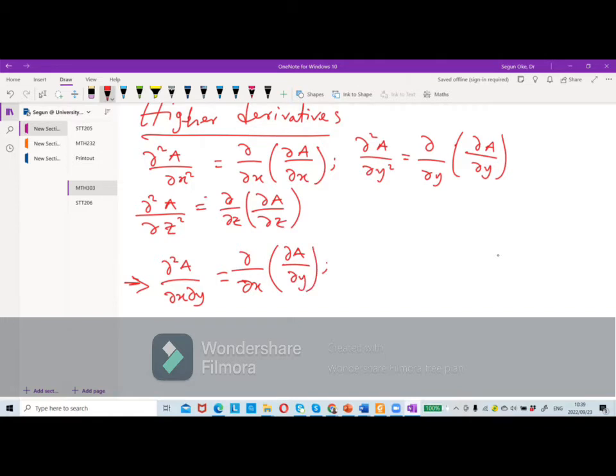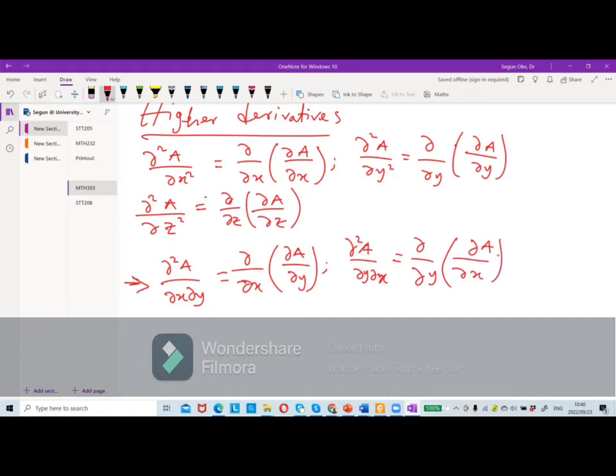So the same thing happens here, d squared A by dx, and you do the same thing to it, so d/dy of dA/dx.